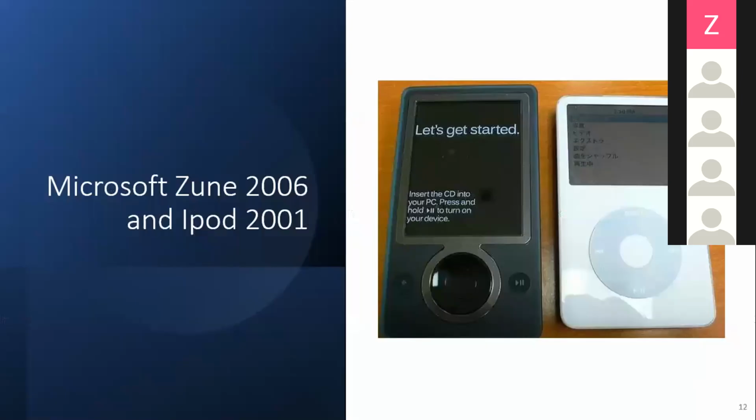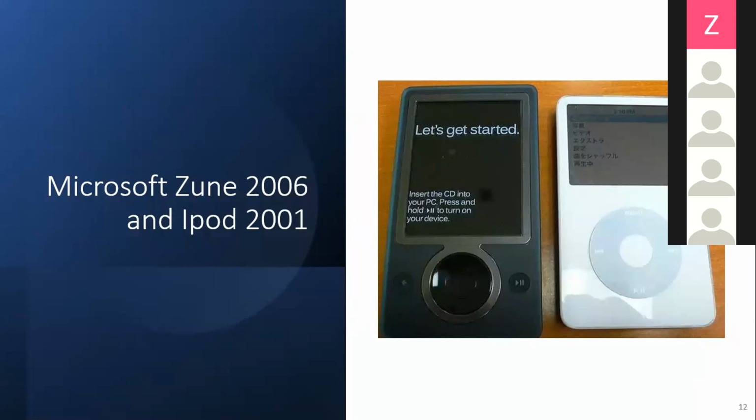So continuing, another very important factor when it comes to a product being successful or faring very poorly in the market, I would say, is also the timing. Now, on the left is Microsoft Zune, on the right is the iPod. They both have similar features.